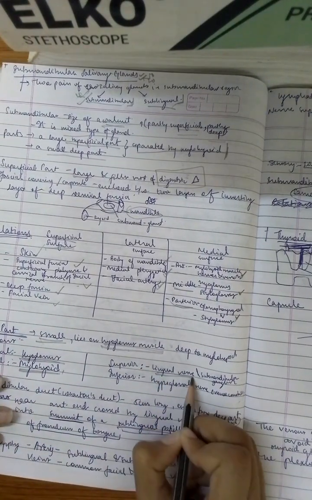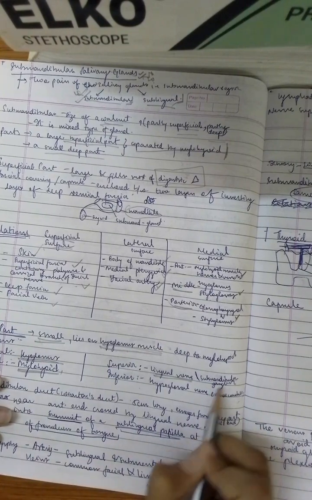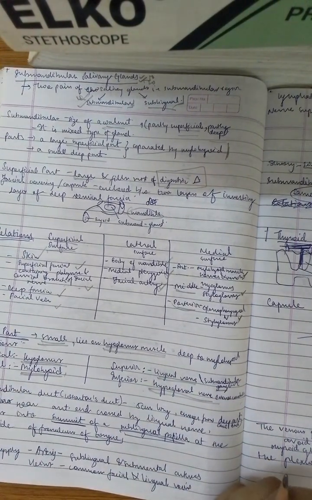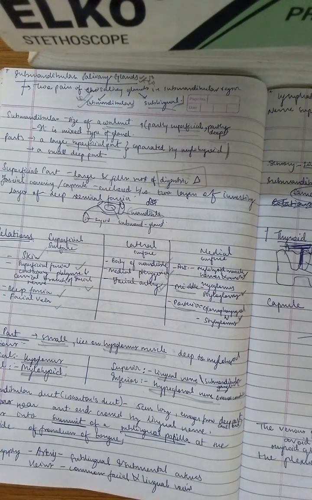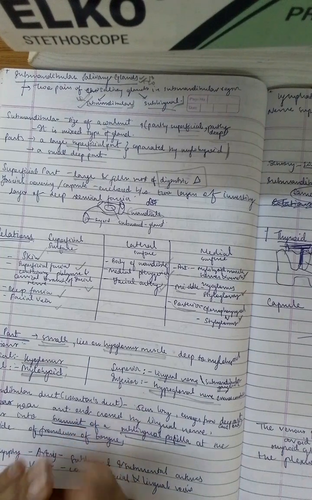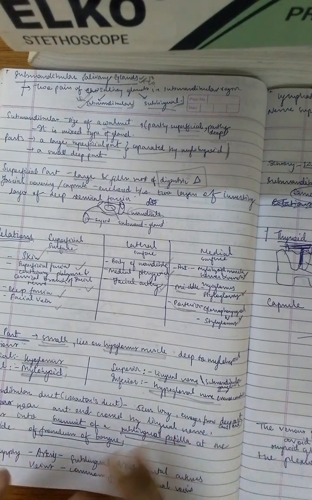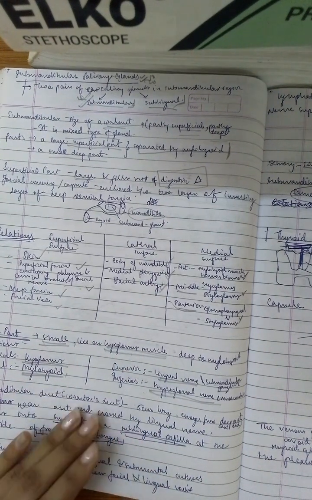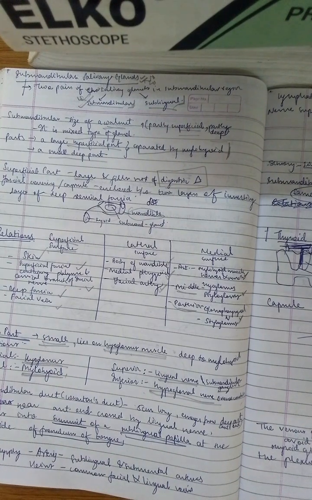Superiorly it is related to the lingual nerve and the submandibular ganglion, and inferiorly it is related to the hypoglossal nerve and its venae comitantes.